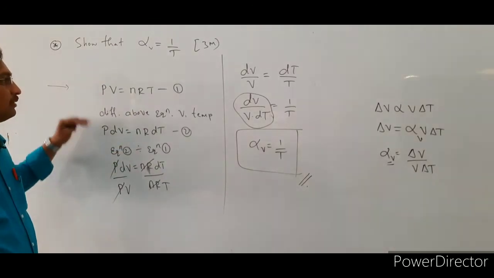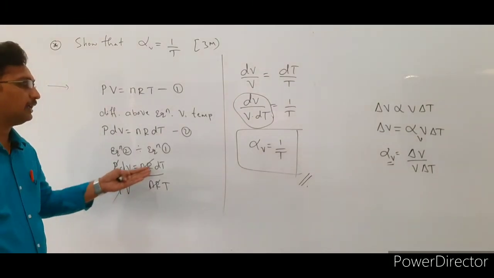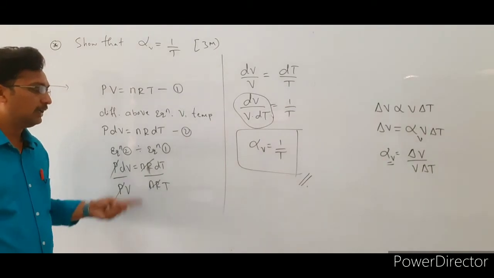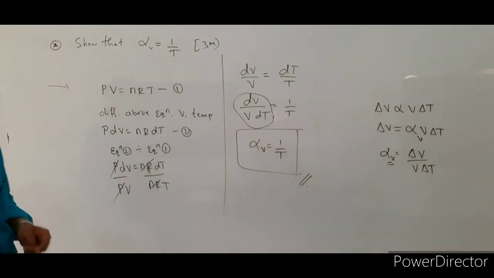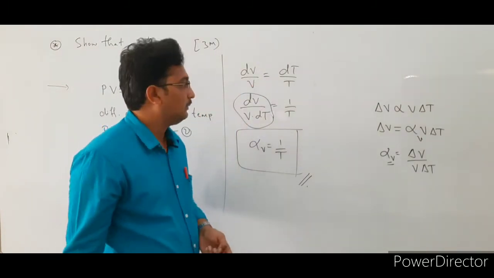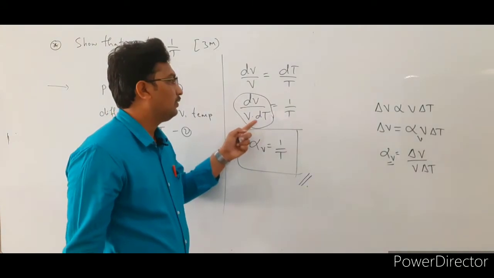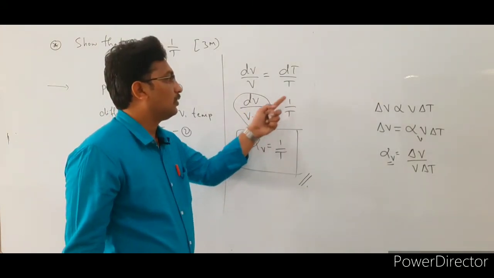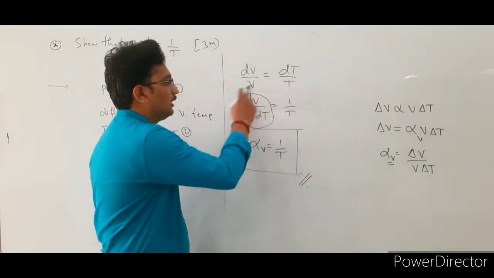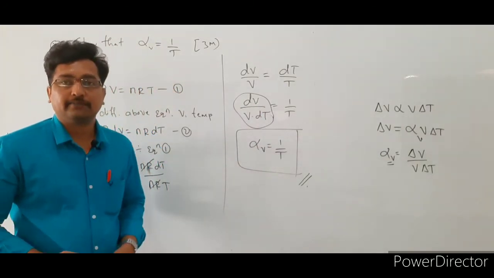Then we divide equation number 2 by equation number 1. P dV divided by PV is equal to nR dT divided by nRT. Here nR gets cancelled, P gets cancelled. The remaining terms are dV by V is equal to dT by T. Then by cross multiplication, dV divided by V into dT is equal to 1 by T. So this whole term becomes alpha suffix V is equal to 1 by T.